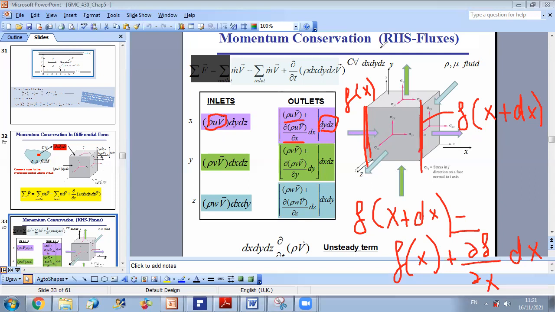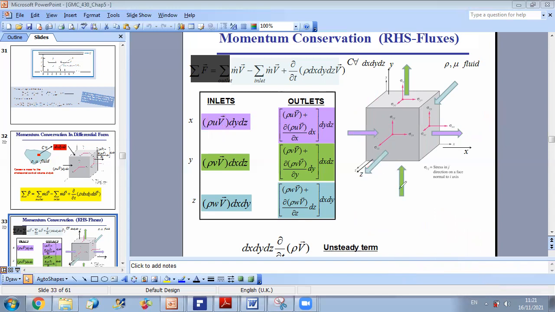So we do the same procedure for all other inlets and outlets. The only difference, for example here, is the direction of the flow. So when you calculate m dot, you should consider v component of velocity, which is along y. So you do now rho v times velocity vector times the face area, which is dx dz.